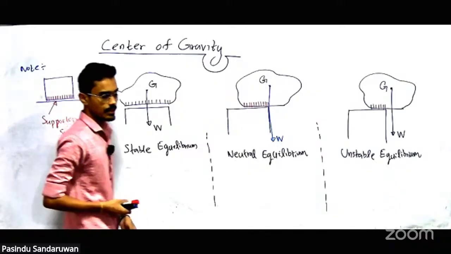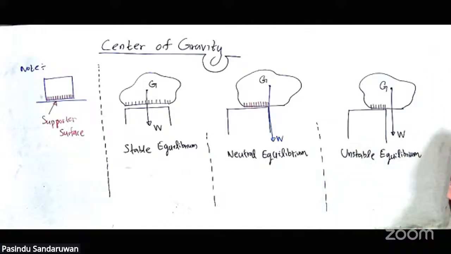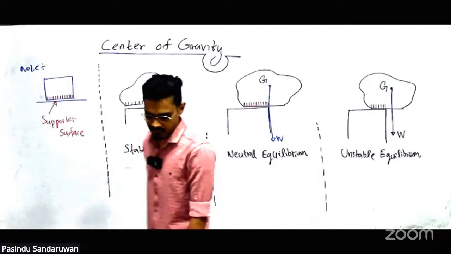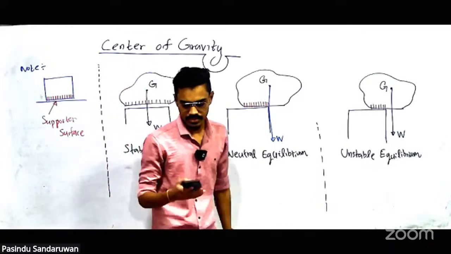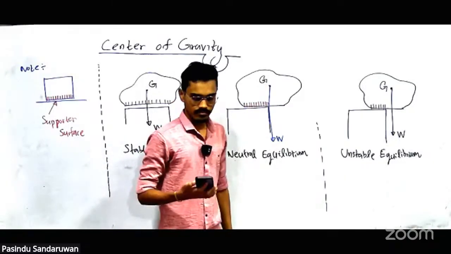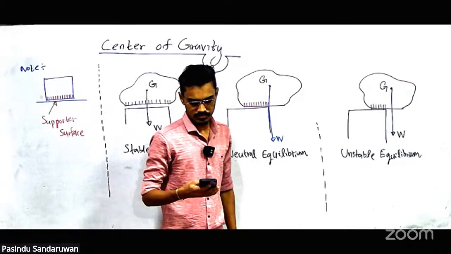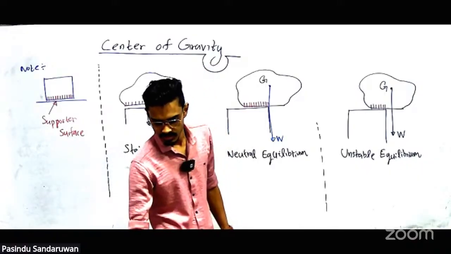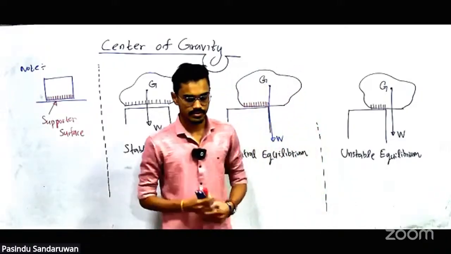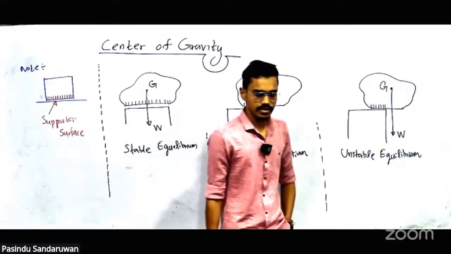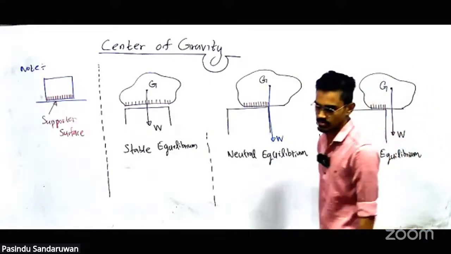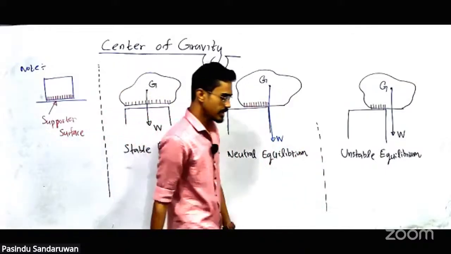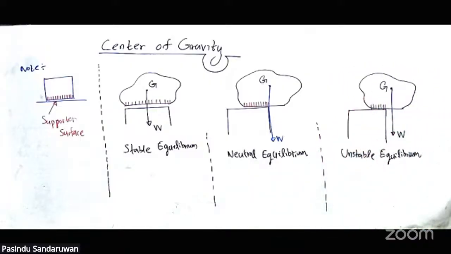So below stable equilibrium, write down: if the center of gravity, the active line of weight, is inside the support base, it's called a stable equilibrium.